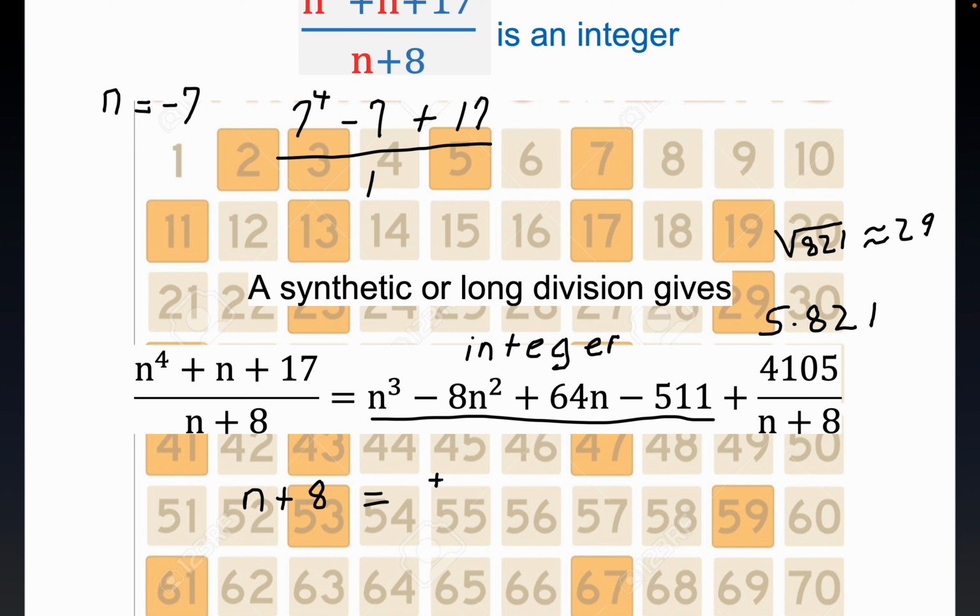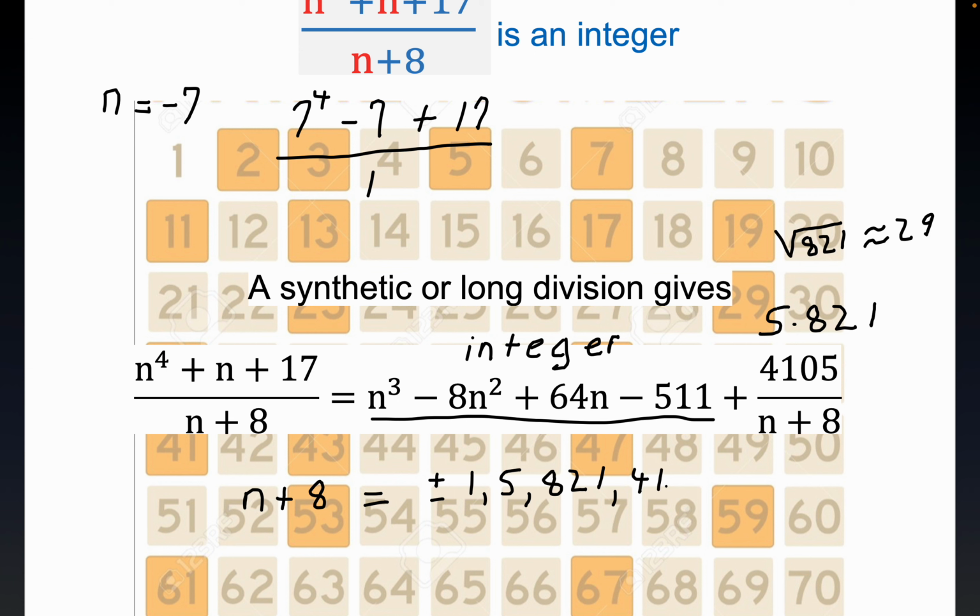Plus or minus 1 is a divisor of any integer, and I'll just write the plus or minus one time. We have plus or minus 1, plus or minus 5, and plus or minus 821. And finally, the number itself, 5 times 821, is 4105. So these are the 8 divisors.